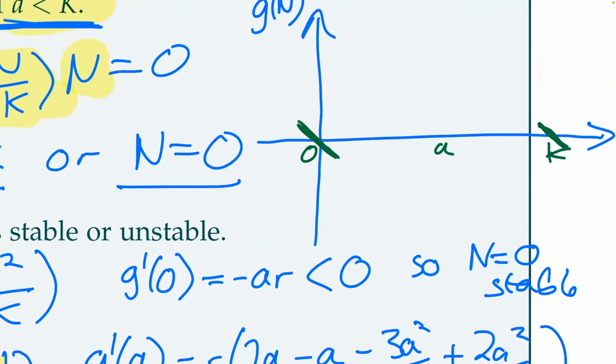And what did I say before about crossing the axes? We can't have two negative slopes next to each other. So I know whatever's going on, I have to be crossing through here with positive slope before I come back down again. Okay, so just intuitively knowing what's going on graphically tells me that this 0 is stable, the a is unstable, and the k is stable.